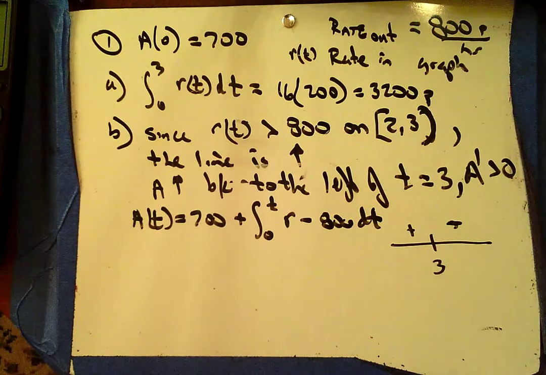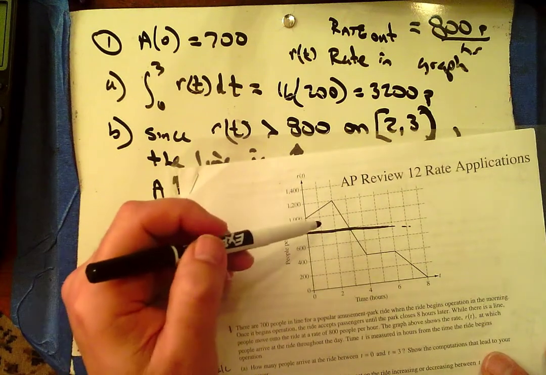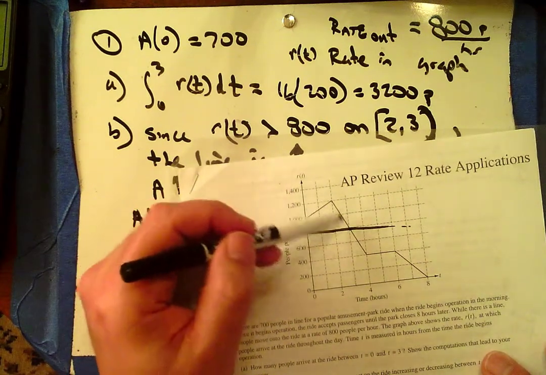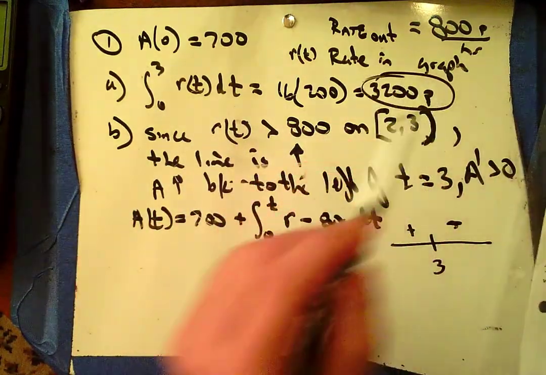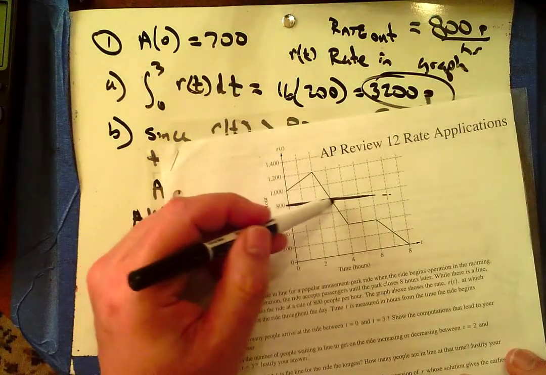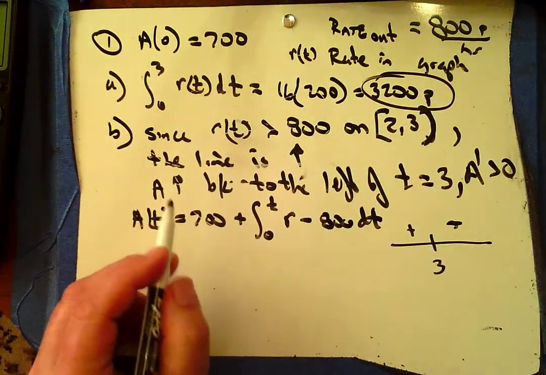How many people are in the ride at this time? So we could also talk about this graphically. We know that up until 3, there are 3,200 people in line, and 3 times 800, 2,400 people were served.